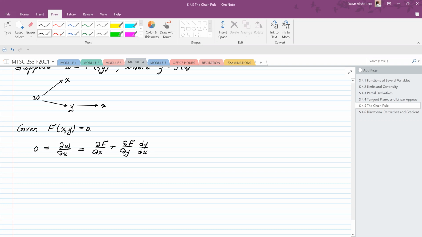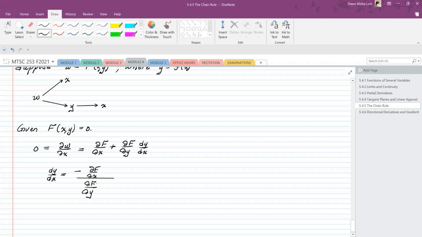So now I can solve for dy dx. So dy dx simply becomes minus the partial of f with respect to x over the partial of f with respect to y.